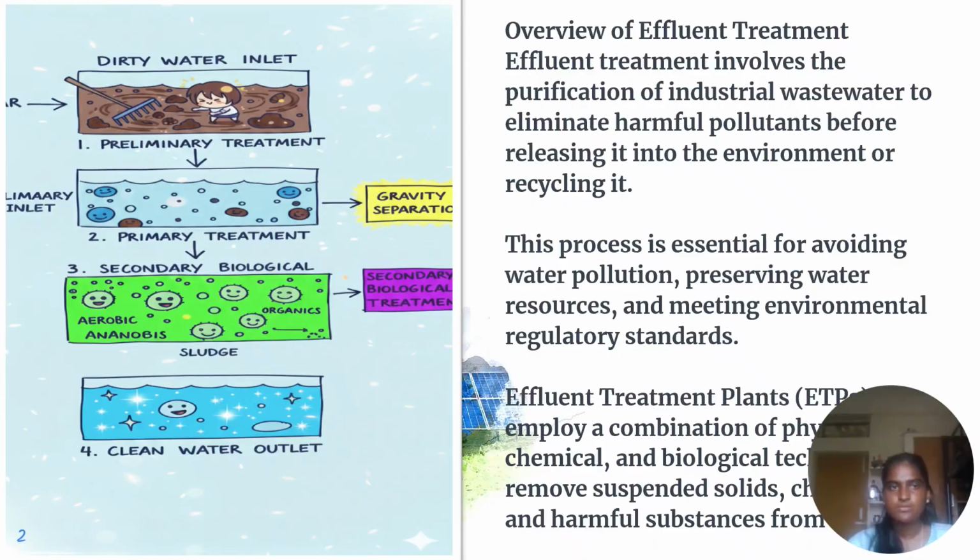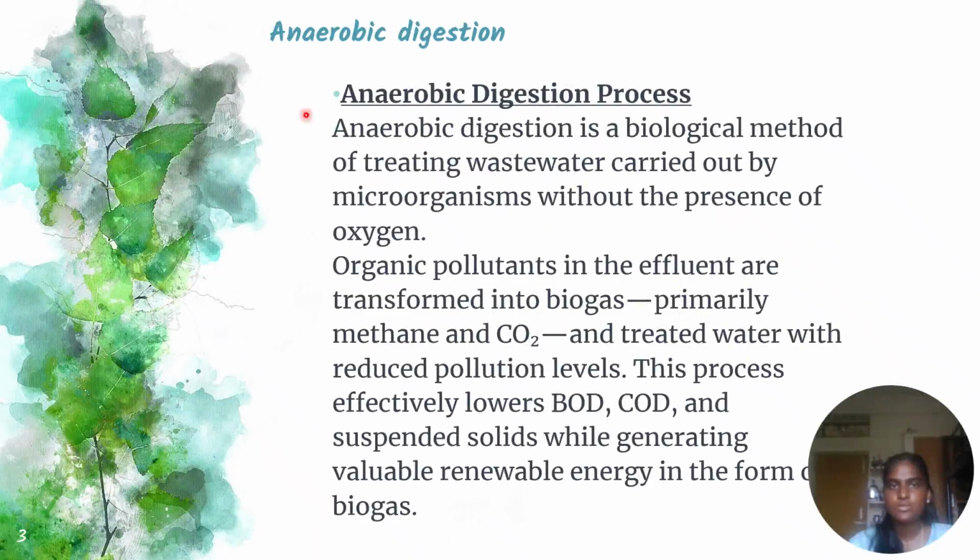Then we will see about anaerobic digestion. Anaerobic digestion is a secondary treatment process involved in effluent wastewater treatment. In this process, we use microorganisms without the presence of oxygen.